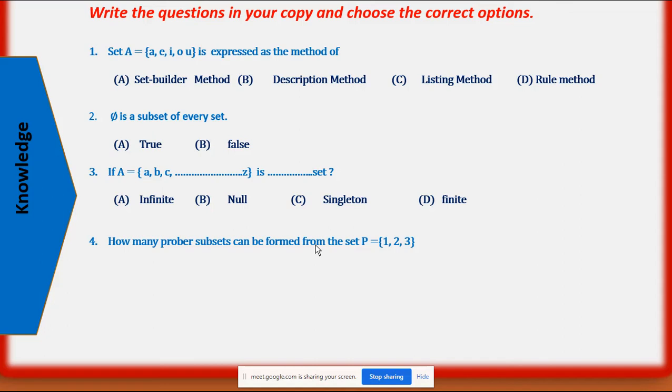How many proper subsets can be formed from the set P? Please write in the chat box. What happened?